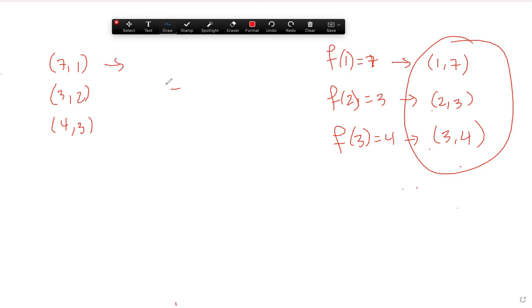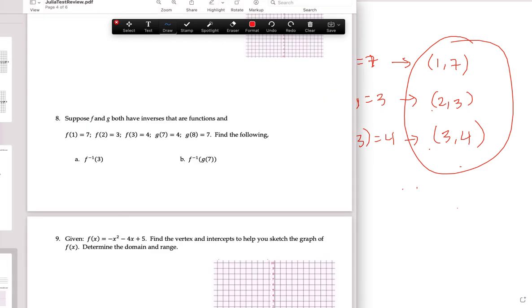So if we go backwards, this means f inverse of 7 is equal to 1, and f inverse of 3 is 2. So you basically swap the x and y values, so the input becomes the output and the output becomes the input. Fair? Yeah. Okay, talk to me about B.